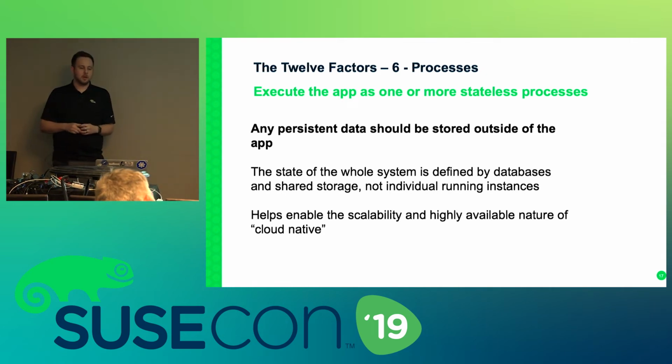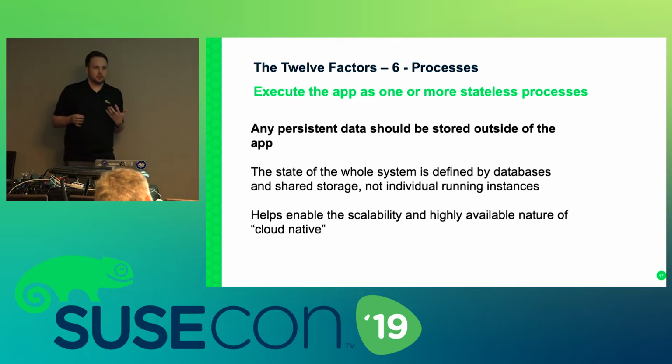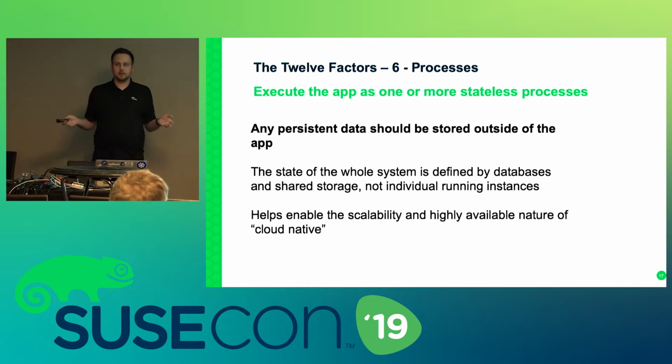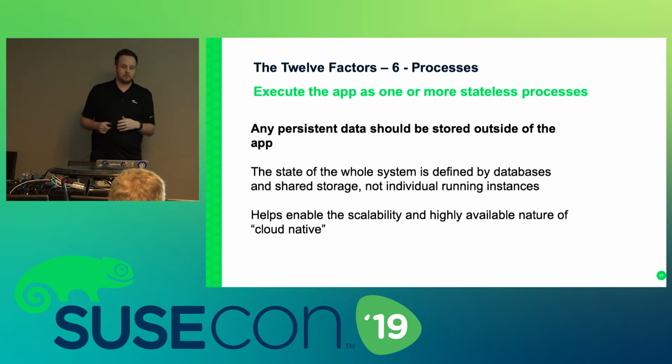So number 6, processes. This really deals with the concept of state. It says that our services should be a collection of stateless processes. Persistent data should be stored outside of the application, for example, in a database or message queue.